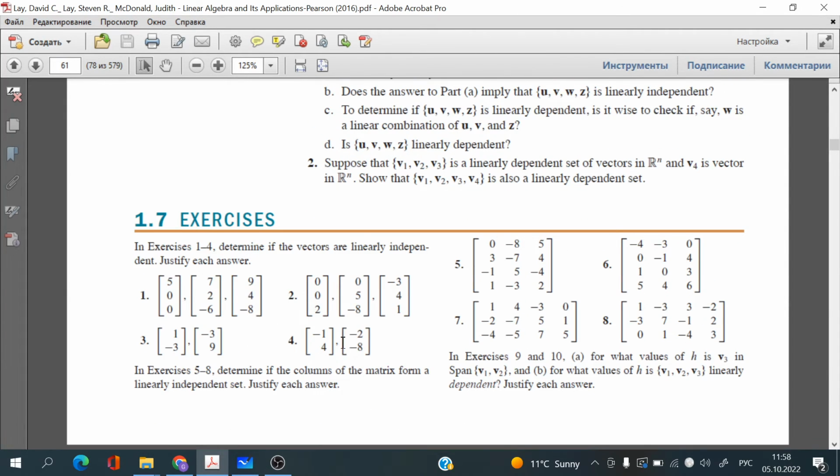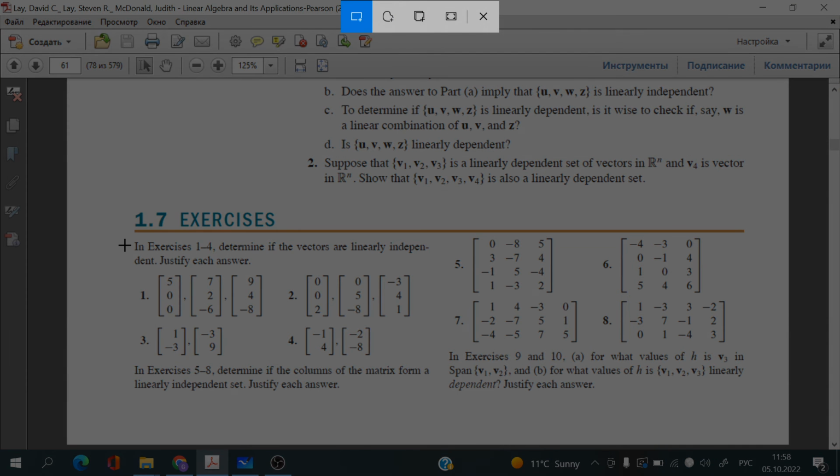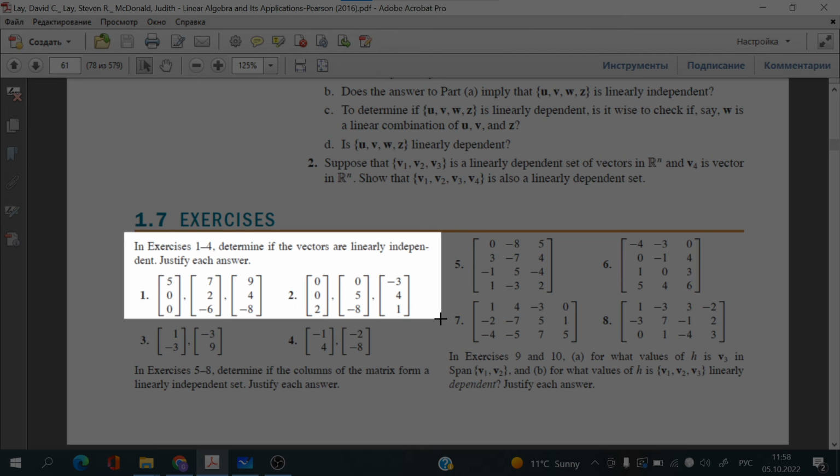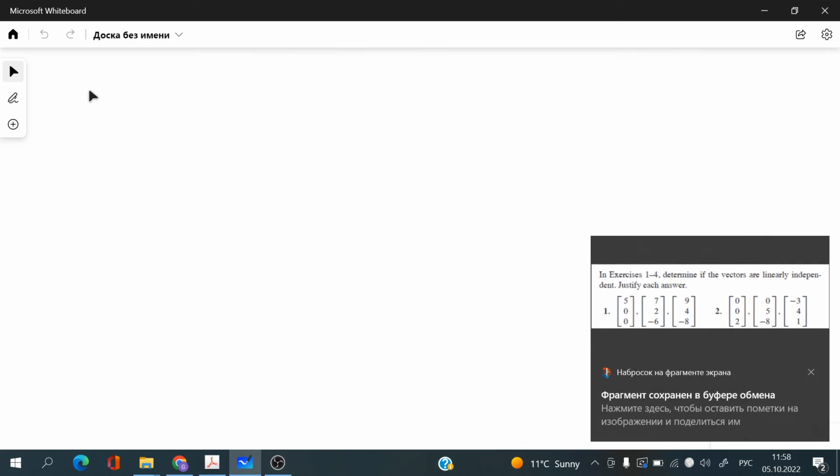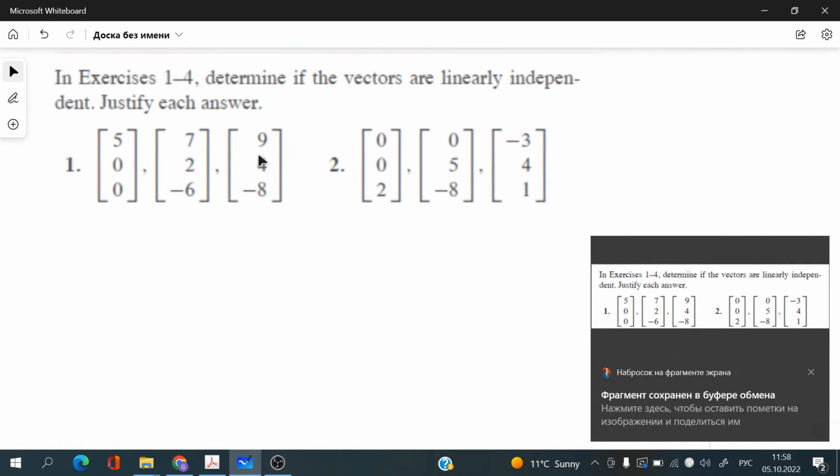Now let's consider the first example. So we're going to move here.